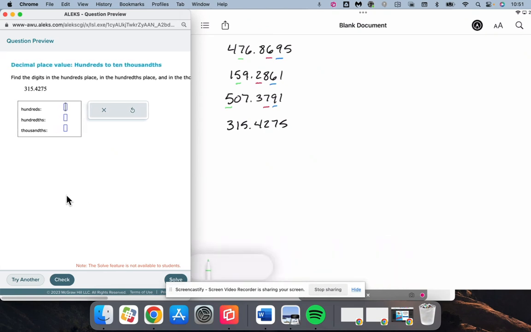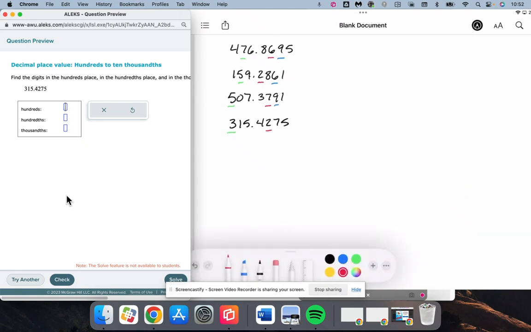So hundreds, it's 300. We need the hundredths. So tenths is the 4, hundredths is the 2, thousandths is the 7. So 3 in the hundreds, 2 in the hundredths, and 7 in the thousandths.